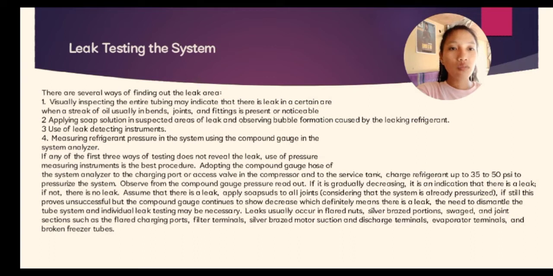Adapt the compound gauge hose of the system analyzer to the charging port of the access valve on the compressor and to the service tank, and charge refrigerant up to 35 to 50 psi to pressurize the system, observing the compound gauge pressure readout. If it is gradually decreasing, it is the indication that there is a leak. If not, there is no leak.